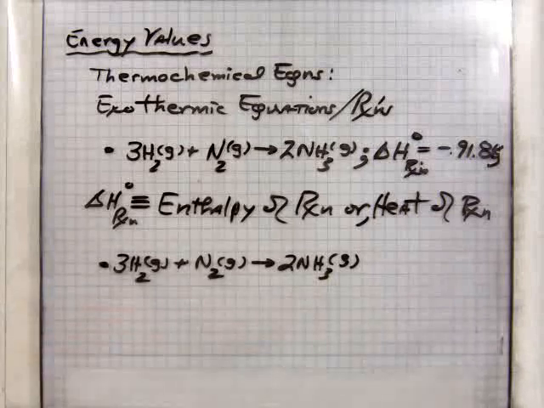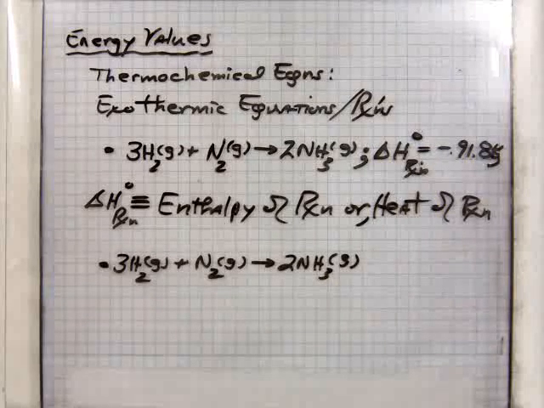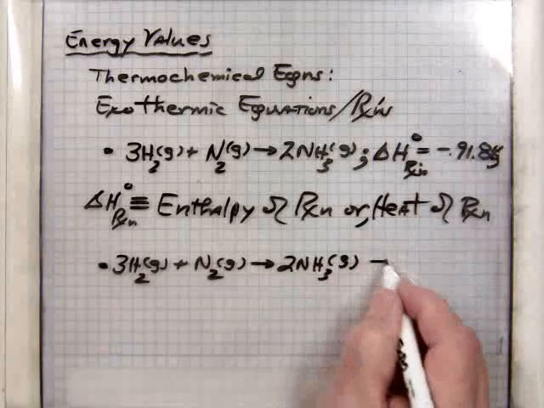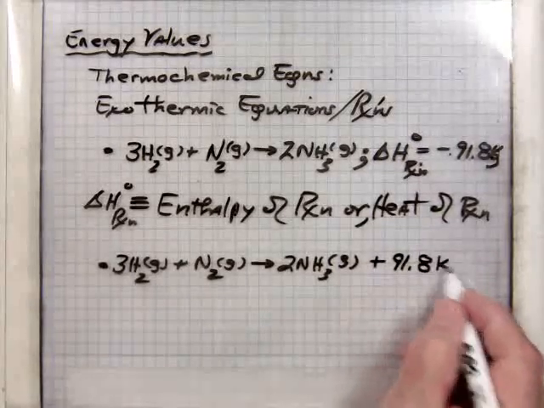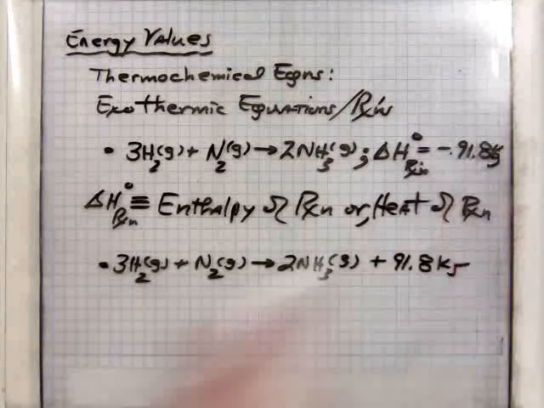And you'll see in the next illustration, if it's endothermic, the energy number is placed on the reactant side as an absorbed energy. So in both of these, the energy numbers indicate exothermic.